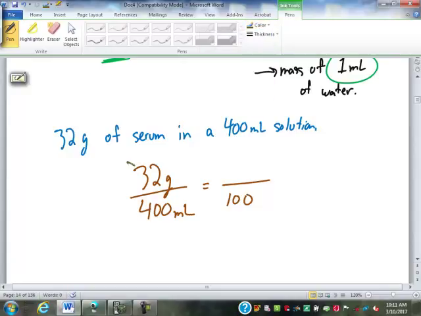And we cross multiply and divide. 32 times 100 divided by 400 is going to be 8 out of 100. This is an 8% solution.